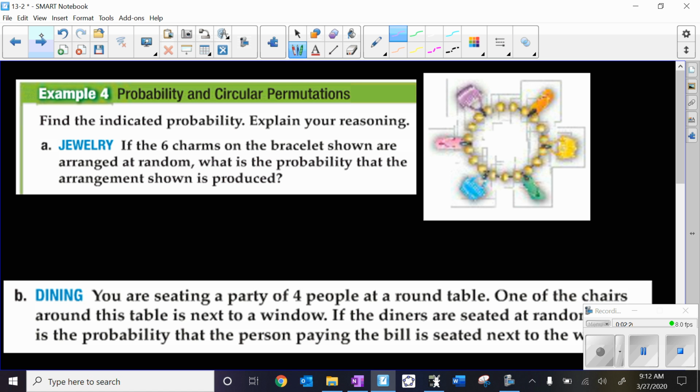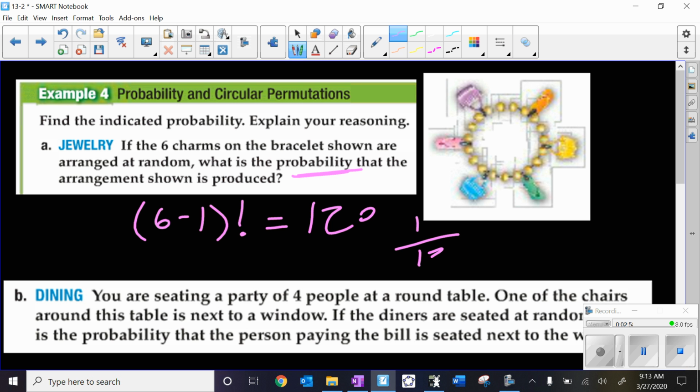Since there is not a lock or chain of some sort to put it on or off, we would consider this to be no fixed reference point, and therefore a circular permutation. So we have 6 charms, we subtract 1, find the factorial of that, and it's going to get us 120. If I want them to be in this exact order, then there's only one way of doing it out of the 120 possibilities.